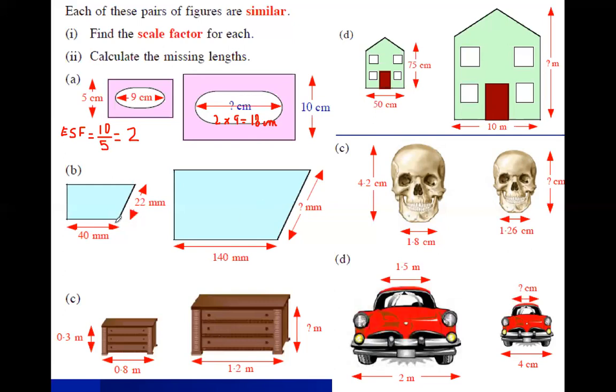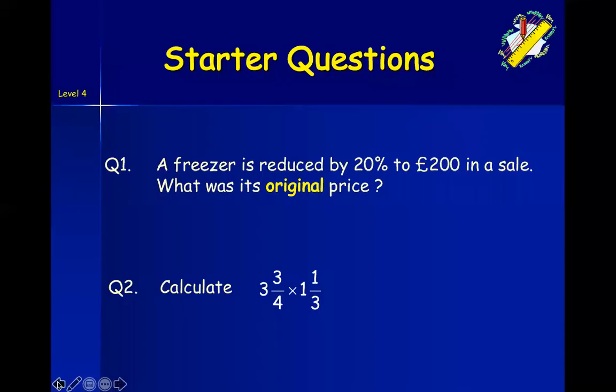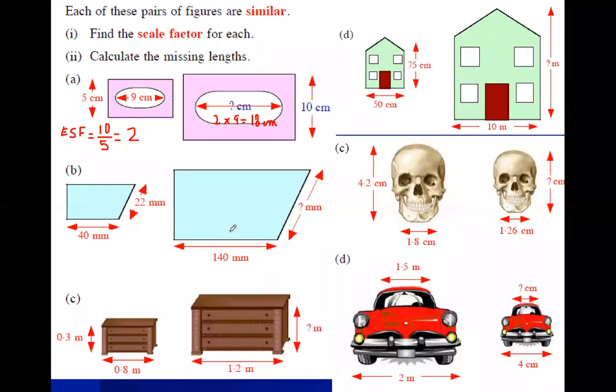Okay, so for B, I've got millimeter, millimeter, so that's okay. You can easily see you've got an enlargement here, ESF is 140 divided by 40 because they're similar shapes, and 140 and 40 are corresponding sides.